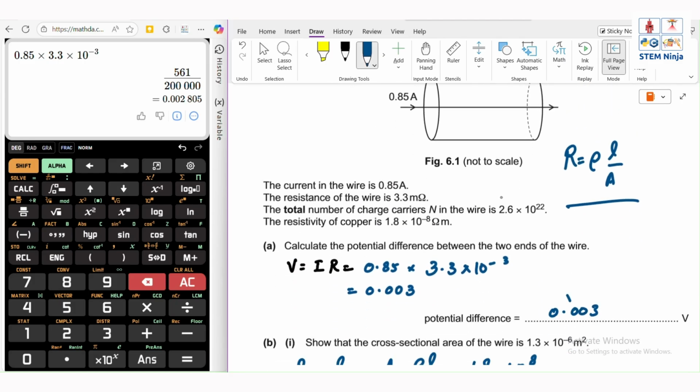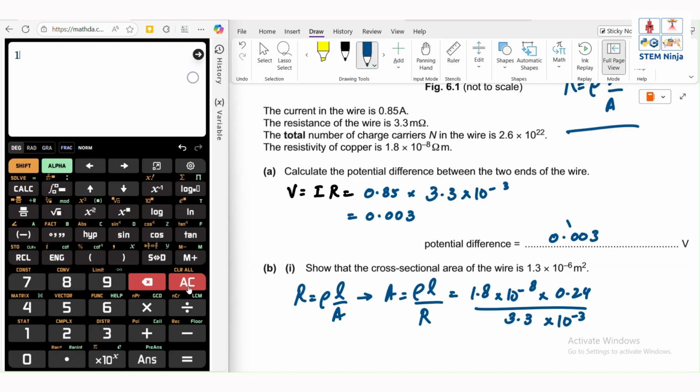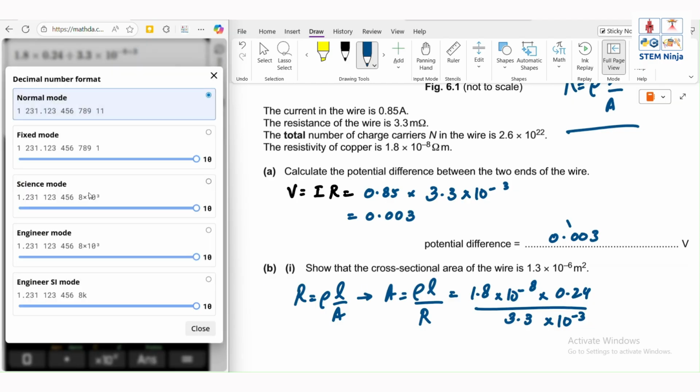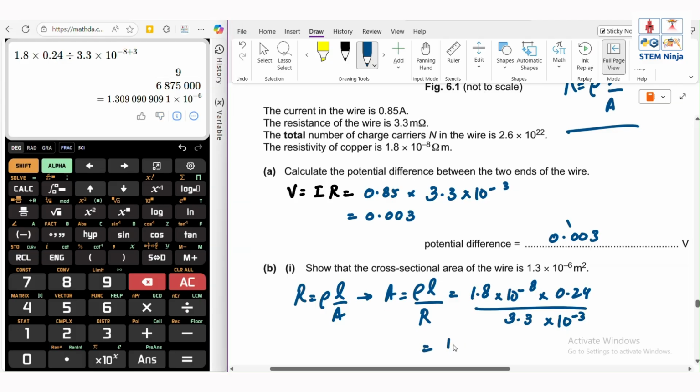Oh, length is given, 0.24, divided by resistance that is given to us as 3.3 × 10^-3. So 1.8 times 0.24 divided by 3.3 times 10^(-8+3). So we get 1.3 × 10^-6 meters squared.